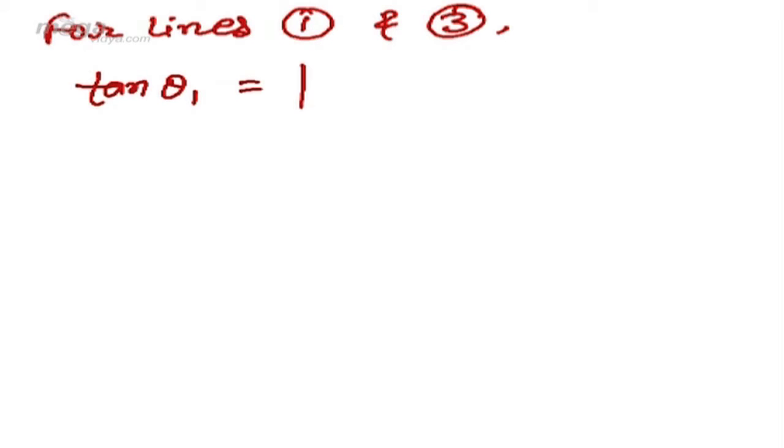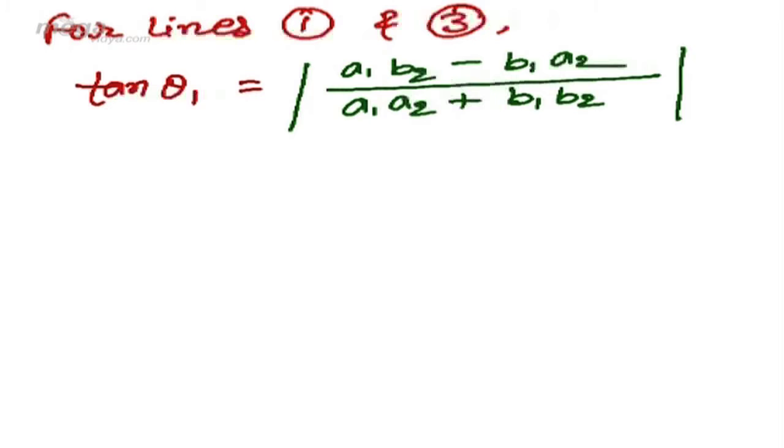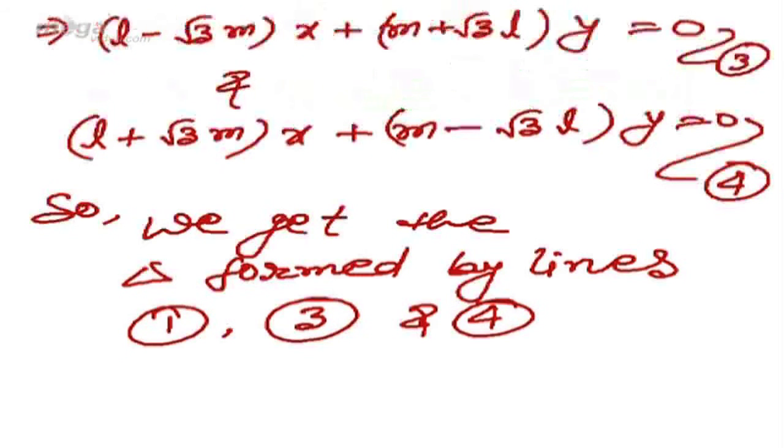I hope you remember both the formulas, but right now I am using the second formula, that is using the coefficients. I am writing the formula first. So this is the formula, tan theta is equal to a1 b2 minus b1 a2 upon a1 a2 plus b1 b2. Using this formula, now we'll calculate the angle between the lines 1 and 3.